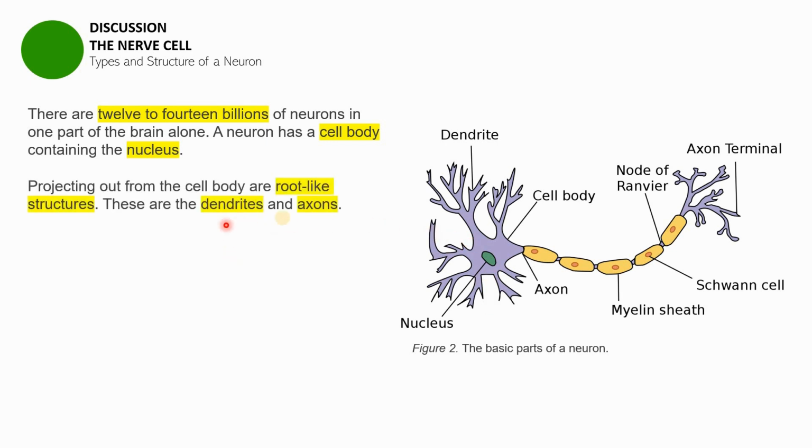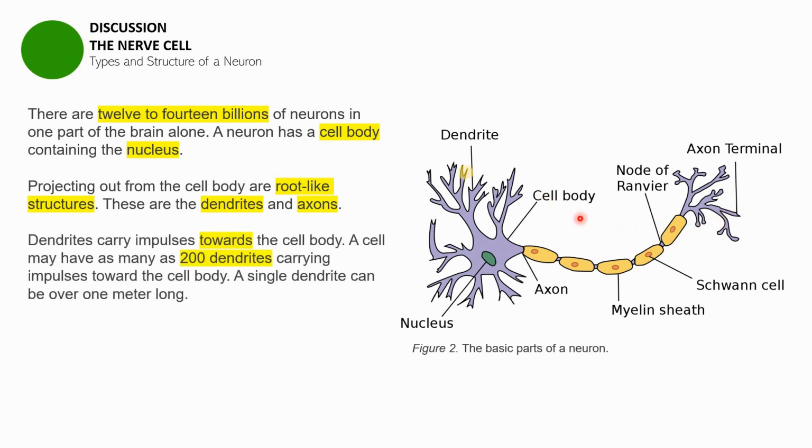Now, projecting out from the cell body are root-like structures. These root-like structures are coming from the central area of the cell body, and these tree-like or root-like structures are called dendrites or axons, which end over here.